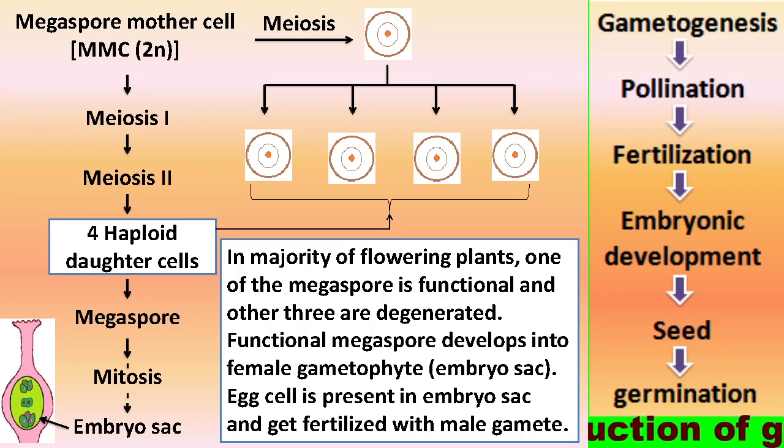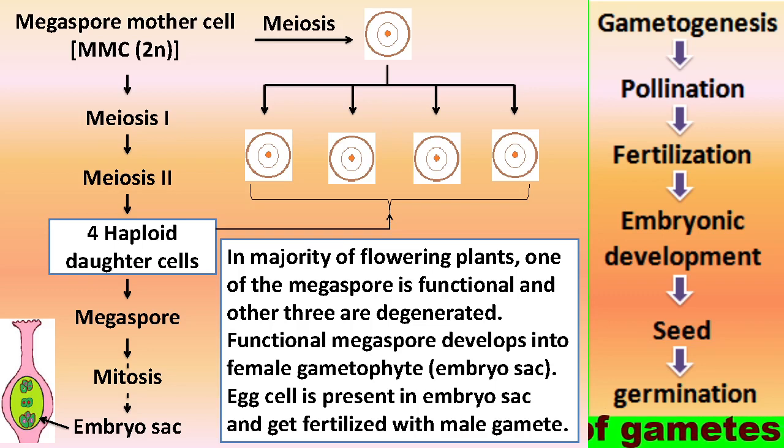Megasporogenesis involves meiosis, and as a result of it, four haploid daughter cells are produced, and 3 of them degenerate. Only one cell goes into mitosis, and as a result of mitosis a 7 celled 8 nucleated embryo sac is produced.